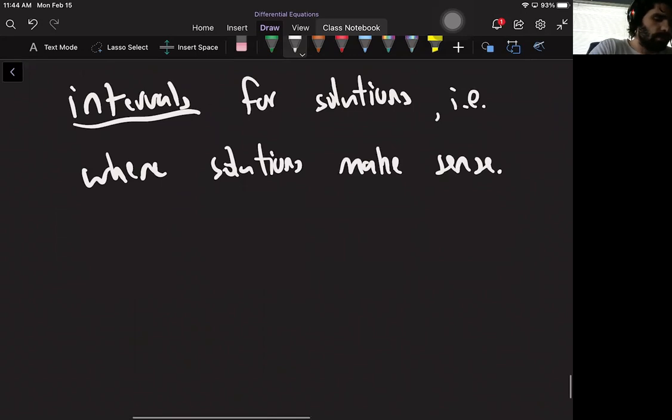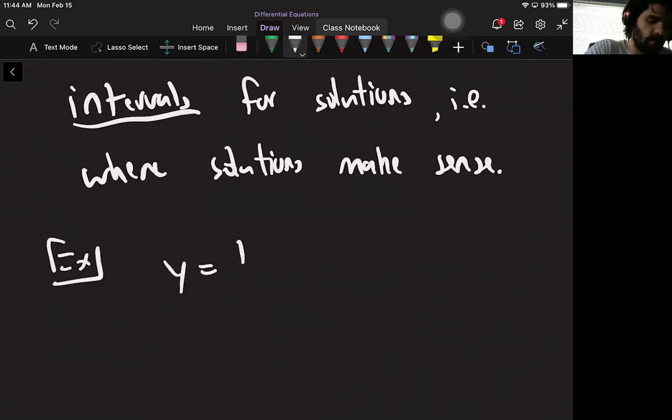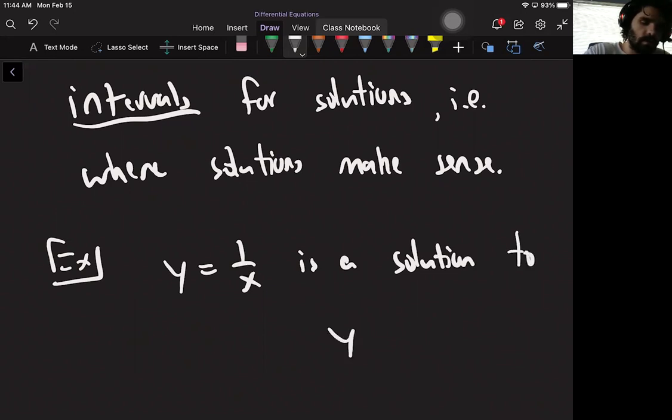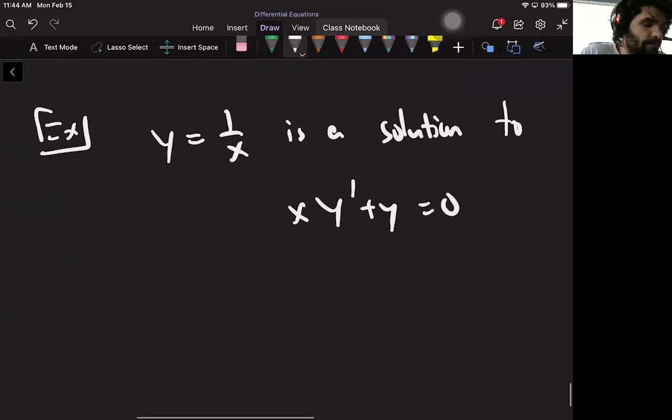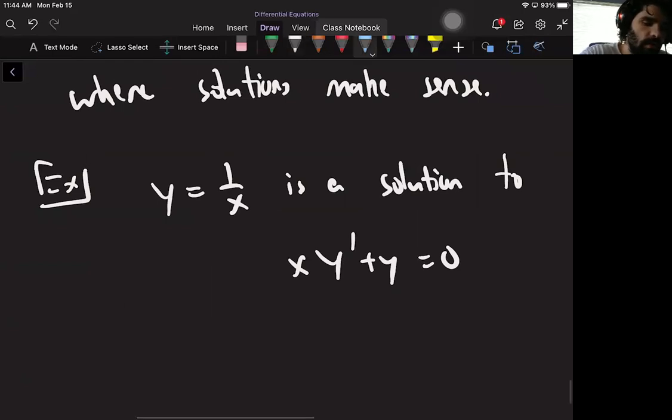So for example, you can check that y equals 1 over x is a solution to the differential equation x y prime plus y equals 0. You can check that if you like. But you might remember something about this thingy.